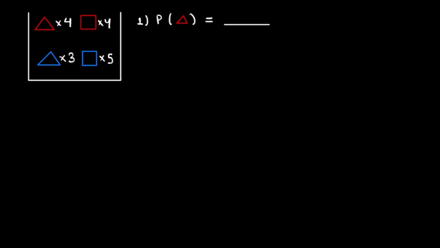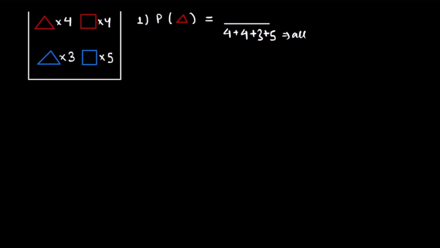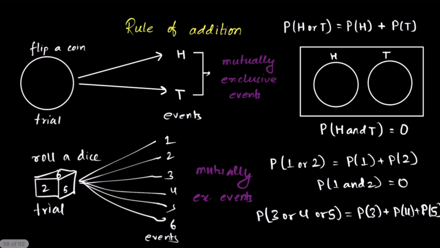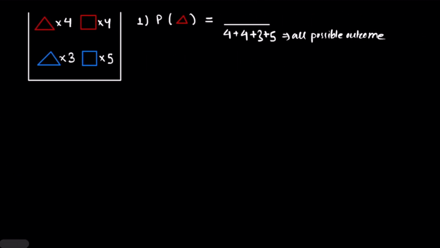So what is the total number of possible outcomes in this particular example? This right here, this right here, this right here, and this right here. Add all of them together: 4 plus 4 plus 3 plus 5. So these are all possible outcomes. What you need are your desired outcomes.